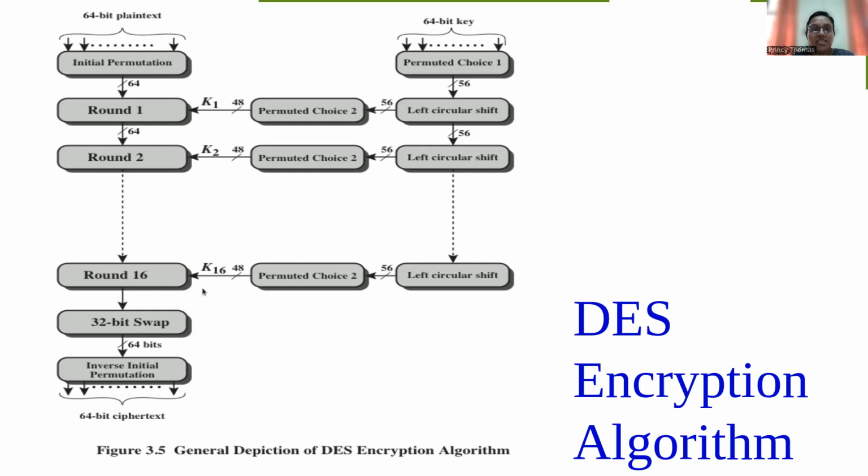So there are 16 keys, and in each case, the 56-bit sub-key is given to a second permutation, which decreases the size to 48, and 48 is the key size which is given to the round. Let's look at each of these sections separately.